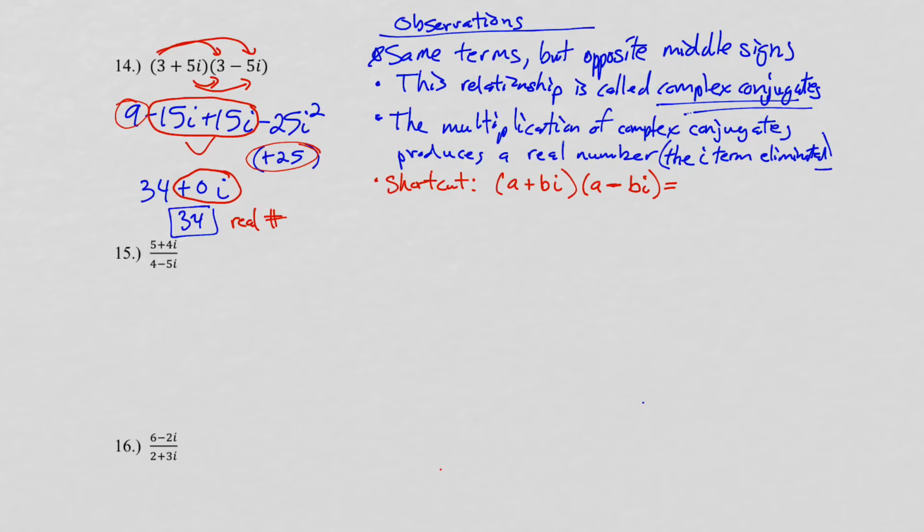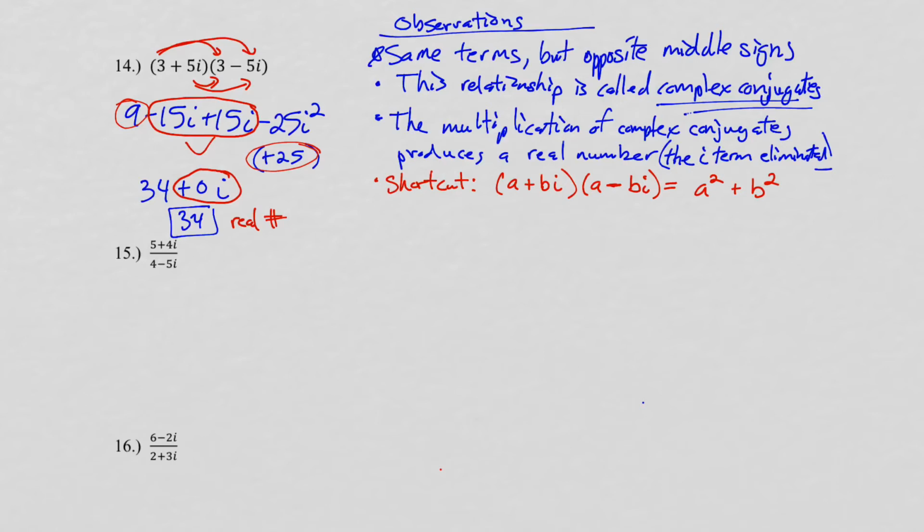So that leaves you with the front terms, which is a times a, or a squared, and the last terms, which is bi times negative bi, or negative b squared i squared, and that turns into a positive b squared. Okay, it's a positive b squared. So we're going to remember that shortcut.